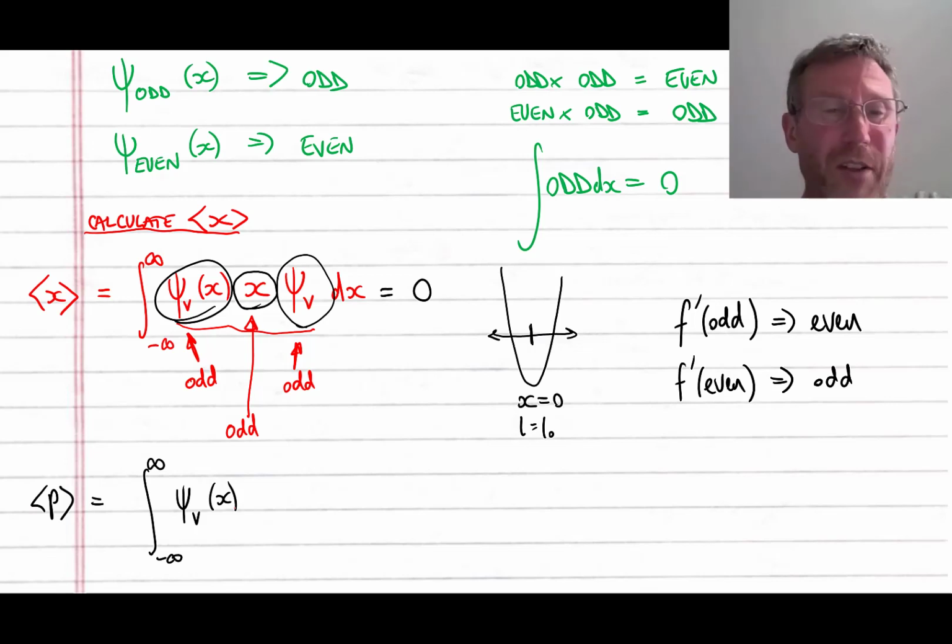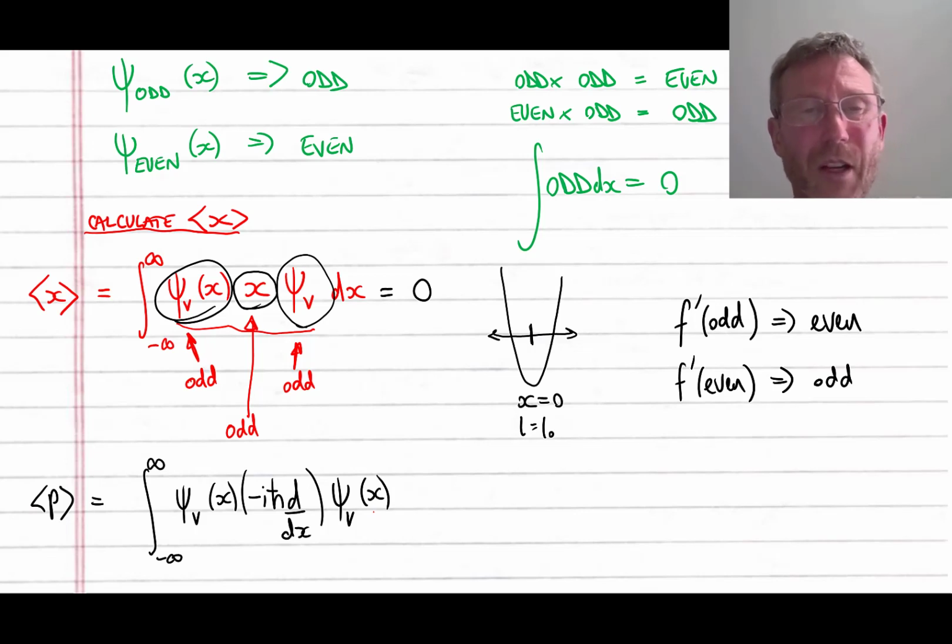Then we've got something a little trickier, because we're going to have our operator for momentum, linear momentum, which is i h bar d by dx, and that d by dx is actually going to operate on our wave function.